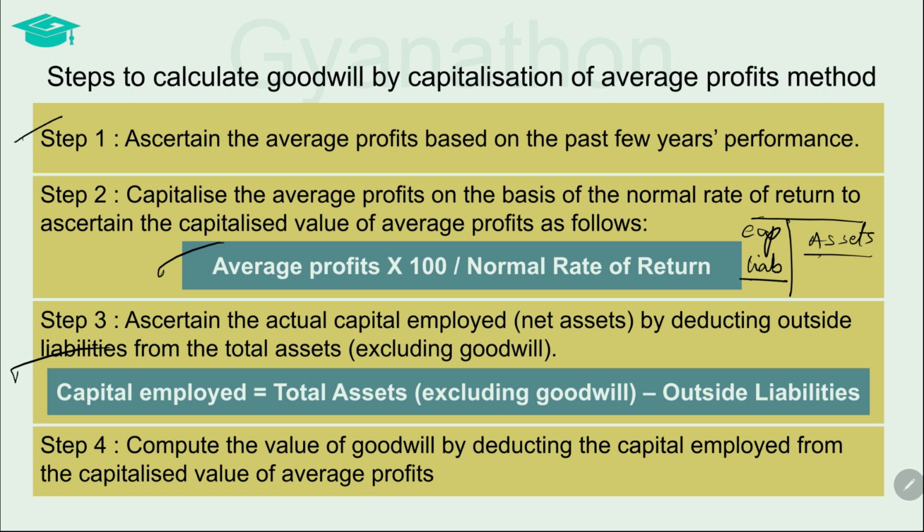Now, in order to calculate the goodwill, we take the capitalized value of average profits, that is the normal capital, and we deduct the actual capital employed from it. This means that any other business similar to our business would require more capital in order to earn the same average profit which we are earning by using a lesser actual capital. That saving in the capital is our goodwill calculated by capitalizing the average profit.